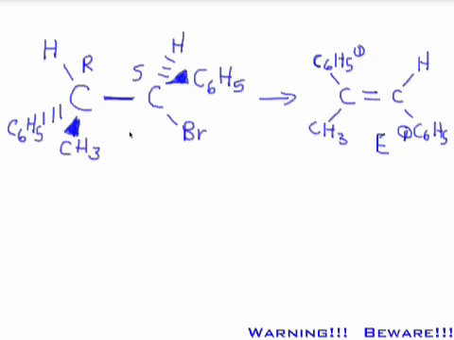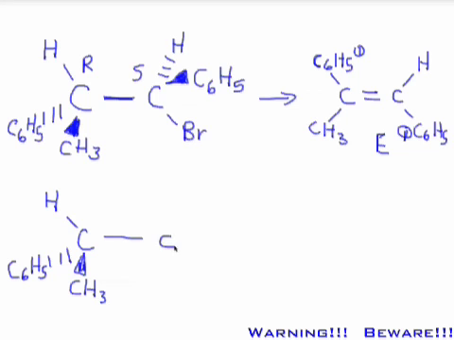Now beware, you may find questions where it's not drawn anti and you actually have to rotate the groups. For example, you might get a question where the first chiral center is drawn appropriately, but the second chiral center has perhaps this.